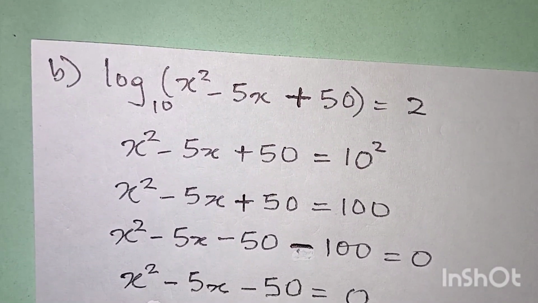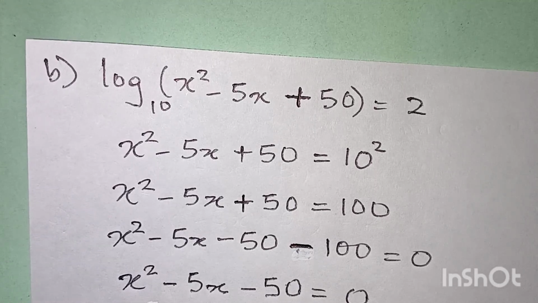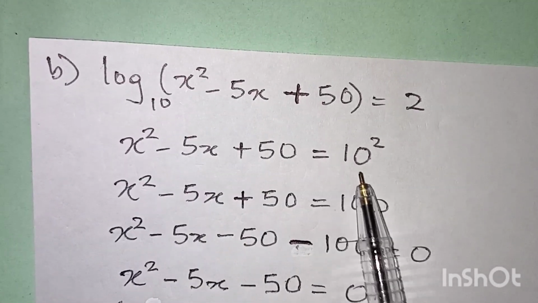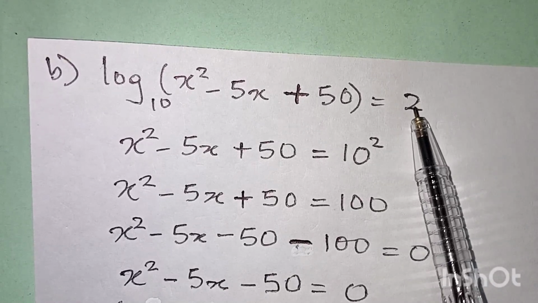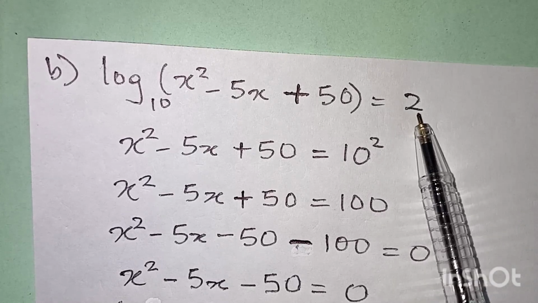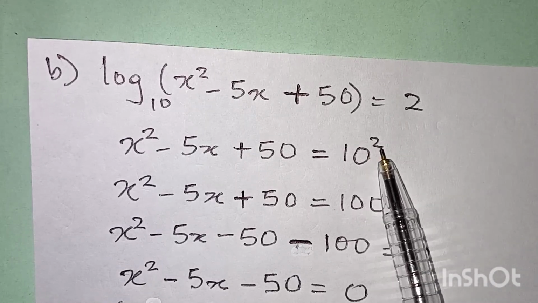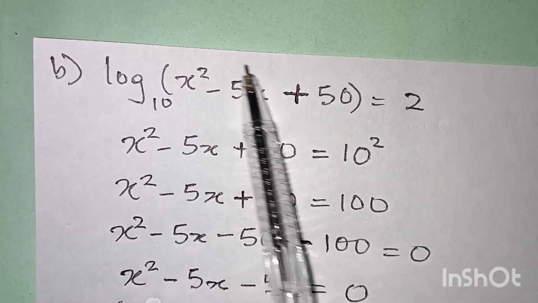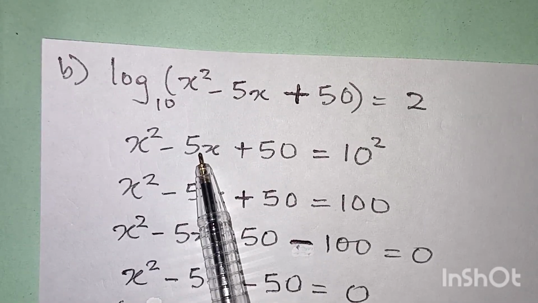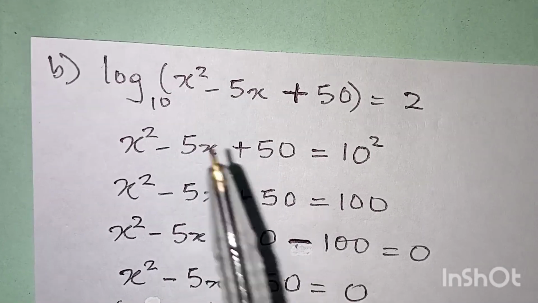Okay, so it's still the same process. This time around, look at it. The base stays on its own. This is now the power, which was on its own before, and it becomes the power. While this expression remains, that is the result of the solution.